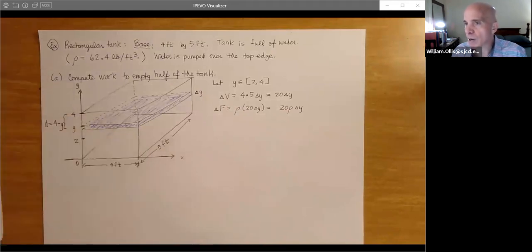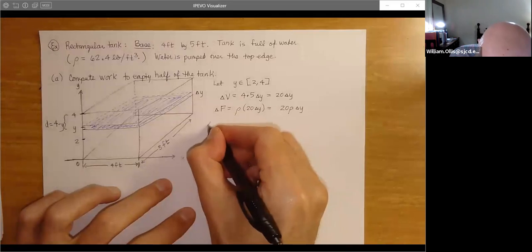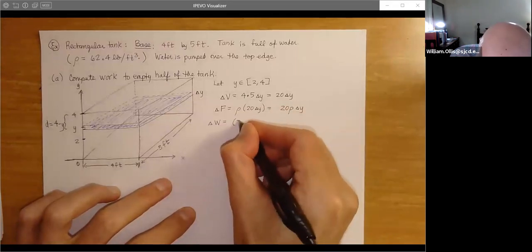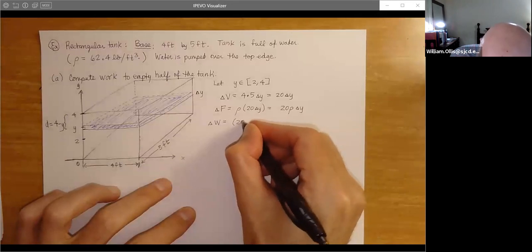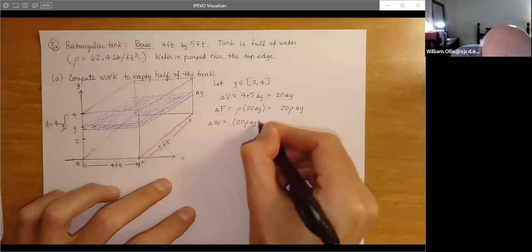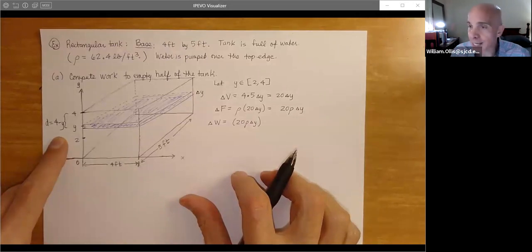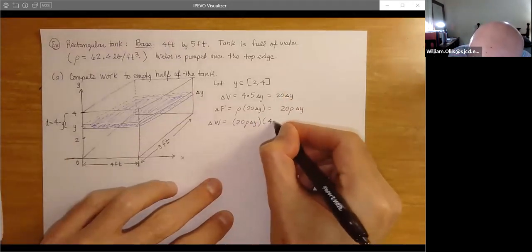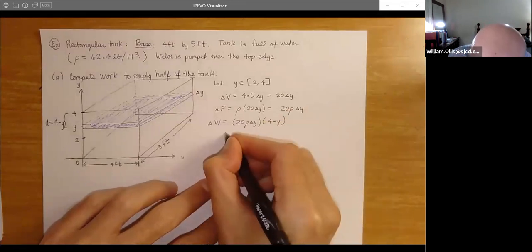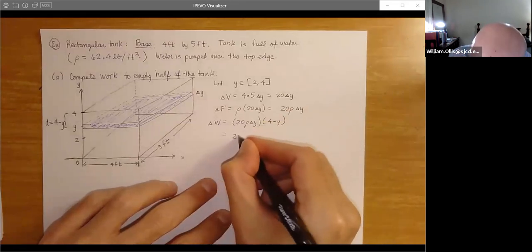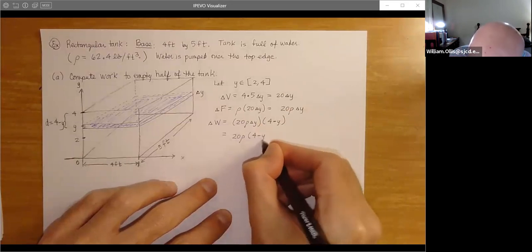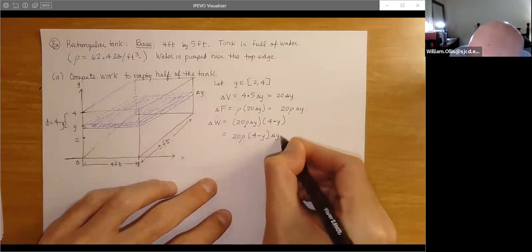That would be the easiest way to do, so you're not dragging a bunch of numbers along. And then the work for this particular slab will just be the force times the distance. And of course, the distance in this case will be 4 minus y. So this will give us 20 rho (4 minus y) delta y, just like we did for the spring.